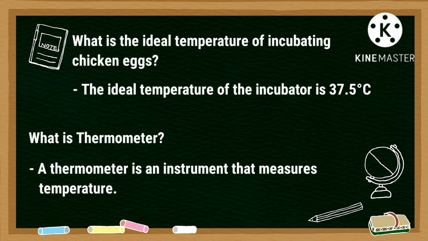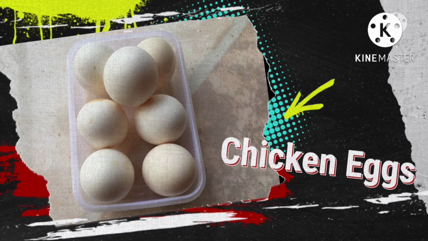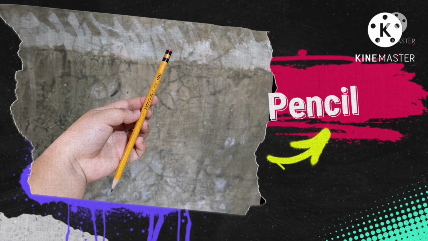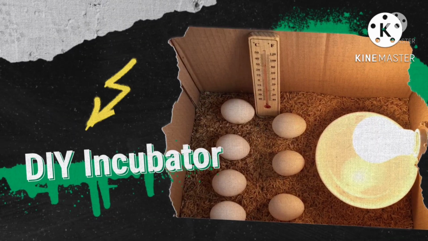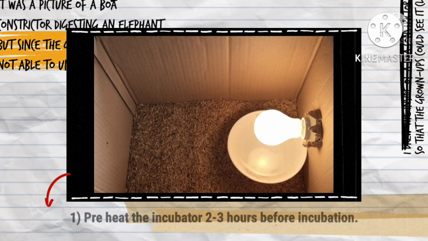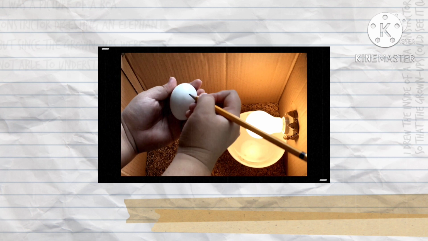What is the ideal temperature of incubating chicken eggs? The ideal temperature of the incubator is 37.5 degrees Celsius. And here are the material used in incubation. First, preheat the incubator 2 to 3 hours before incubation.